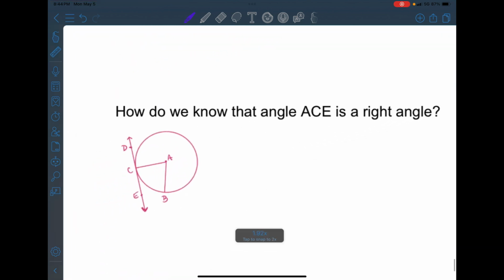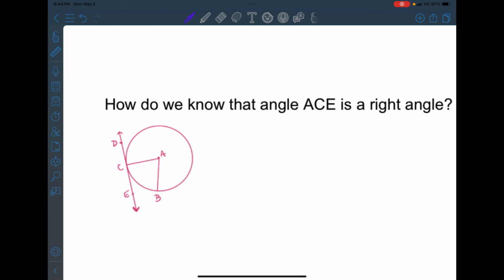Okay, there's another one where I split the question to the next page. This one says, how do we know that angle ACE is a right angle? Okay, I'm going to go ahead and mark it.